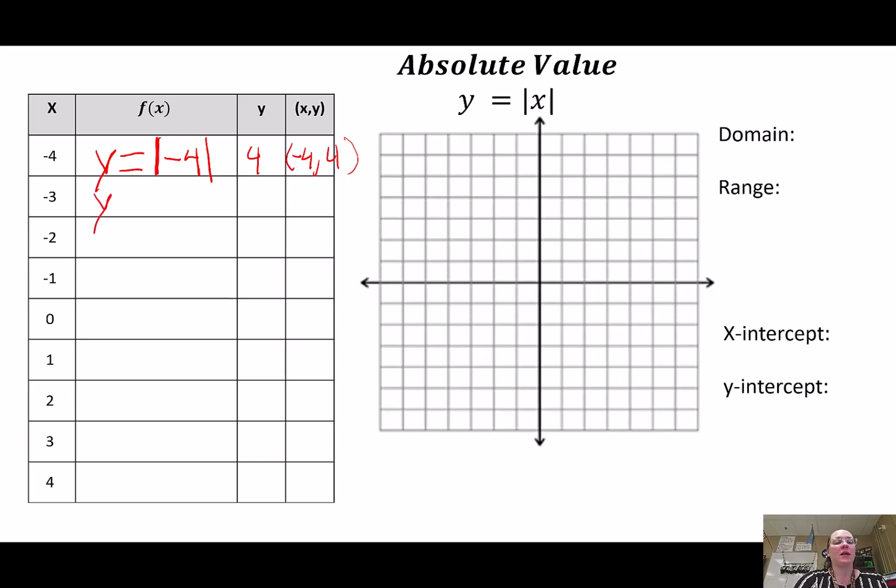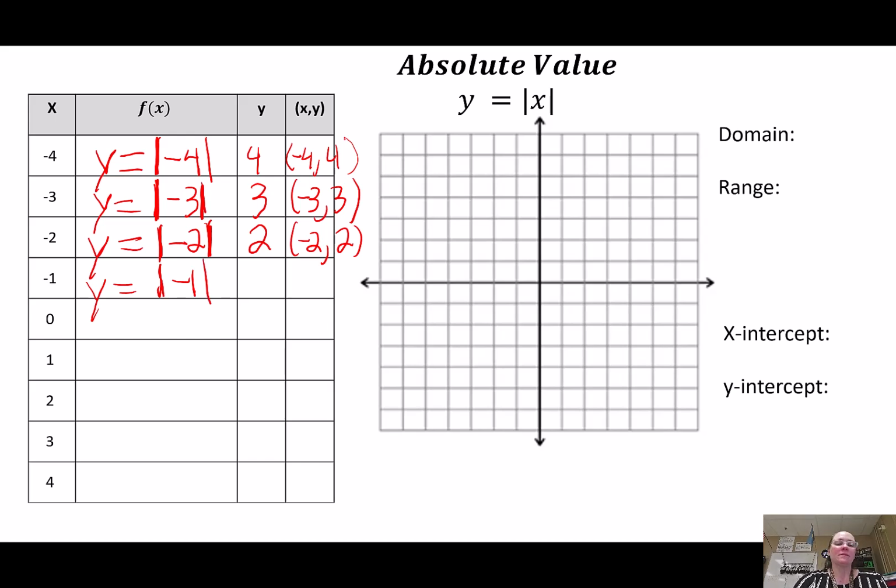Plug in negative 3, and I get 3 out. Plug in negative 2, and I get 2 out. Plug in negative 1, I get 1.